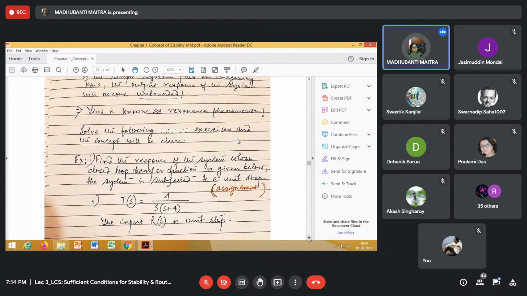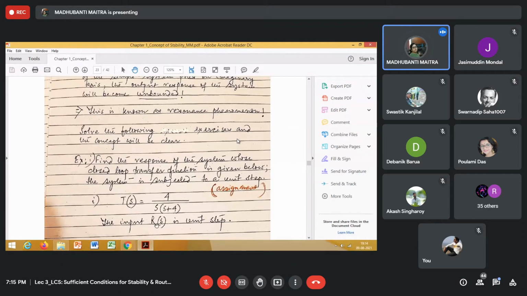Or I can say that the one system pole on the imaginary axis matches with the pole of the input. The pole is simple in nature, it's not repeated. One simple, non-repeated pole of the system on the imaginary axis matches with a pole in the input, right?